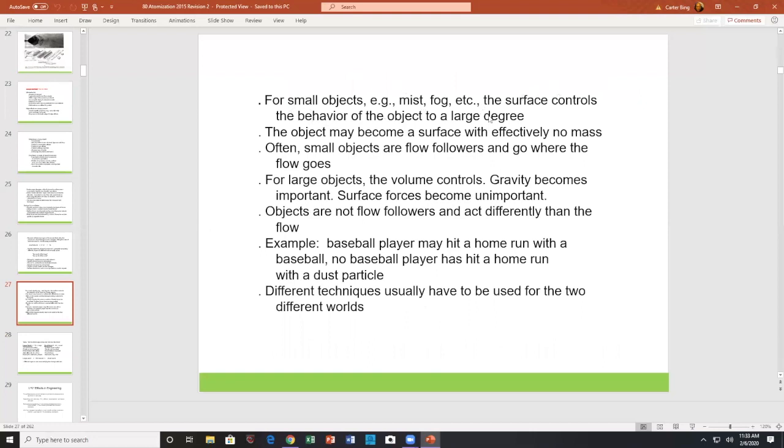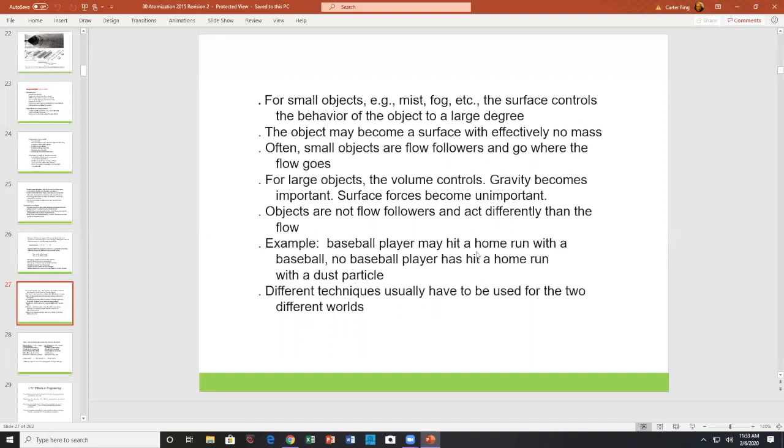Surface controls the behavior of the object to a large degree. The surface effectively with no mass. Often small particles are flow followers and go where the flow goes. Large particles are volume processes, or volume controls, gravity becomes important, surface tension less important. Objects are not flow followers and act differently from the flow.